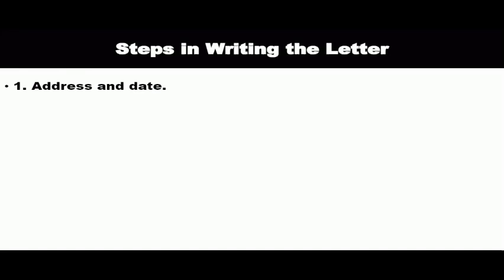Now, assuming you have already created an outline in which you have jotted down the points you are going to discuss, then you begin to write. And writing is like putting the various parts of the structure in their proper places, okay?